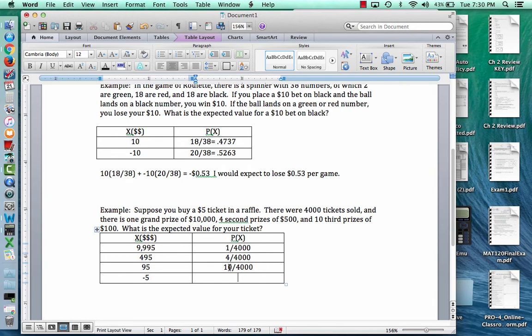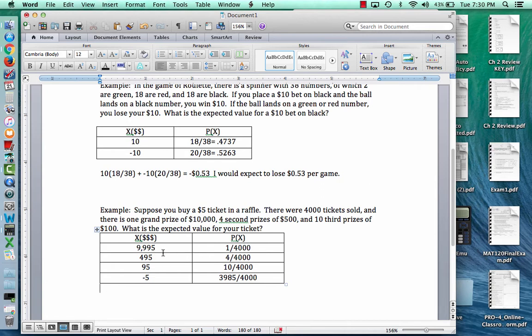So 4,000 minus 15 is the number of ways that you could lose. That's 3,985 different ways we can lose. So 3,985 out of 4,000 is the probability that we lose.